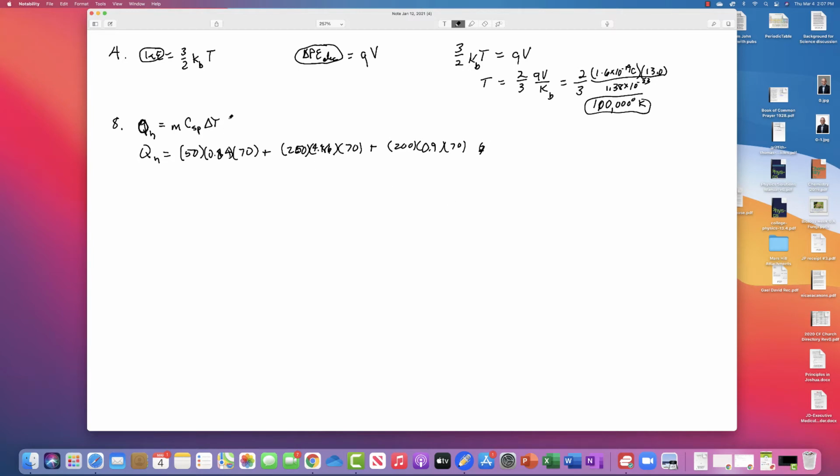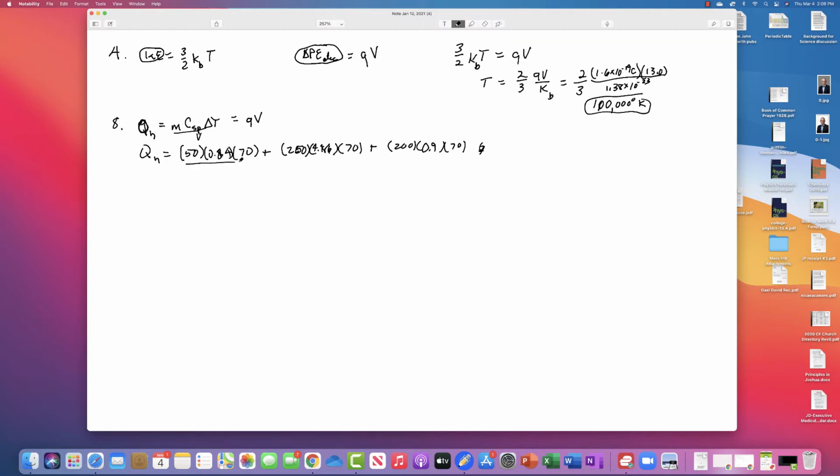And all of that heat has to come from the movement of charge. So all of that heat has to come from Q, charge times V. And so if you move this V over, you'll be solving for the charge necessary.